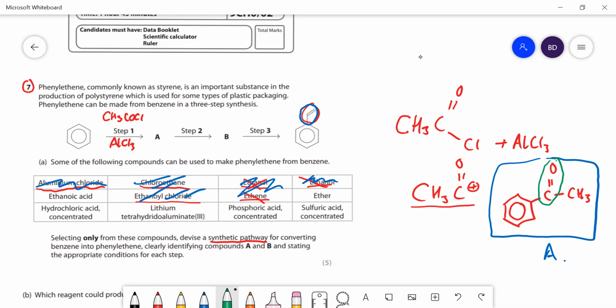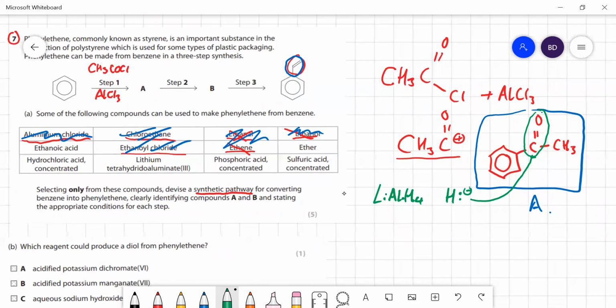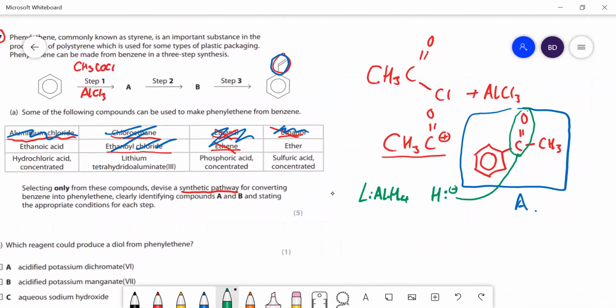Now LiAlH4 is essentially a hydride ion, and that hydride ion is going to attack, nucleophilic addition. It's going to attack that carbon there. So that's what's going to happen in the next step here. So I'm going to write down, this is going to be B. We've reduced it to this compound. So that's going to be an OH now.